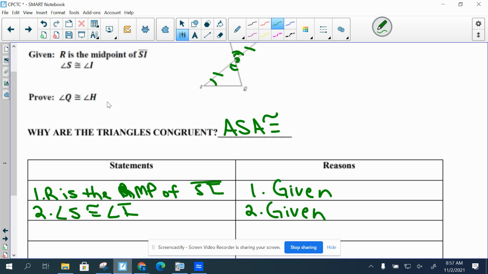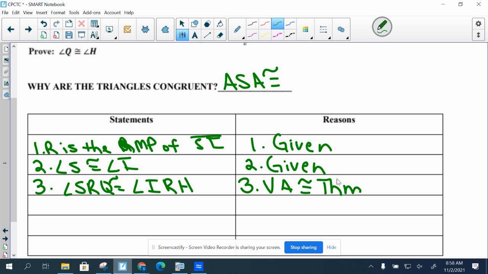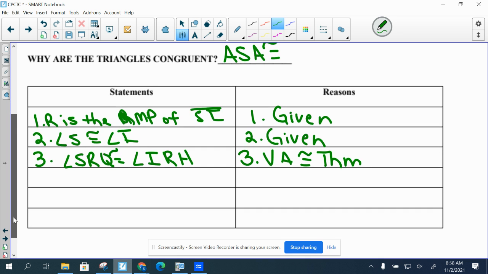Technically, there are ways to prove that. Yeah, it's vertical, so angle SRQ is congruent to angle IRH.